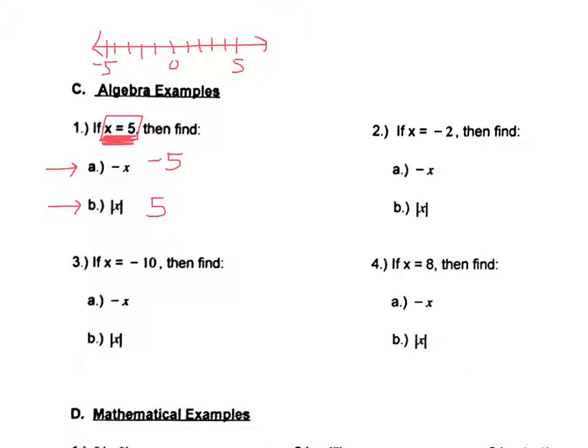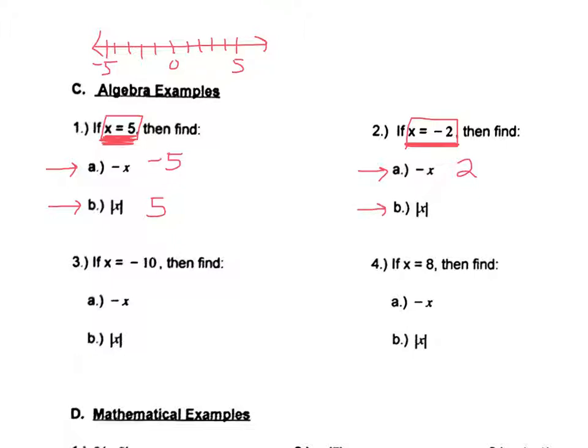All right, number 2. If x is -2, so I'm starting out with a negative, this first question is asking me to find the opposite of what I started with. So if I start with a negative number, -2, the opposite is going to be +2. All right, and then question B, absolute value.